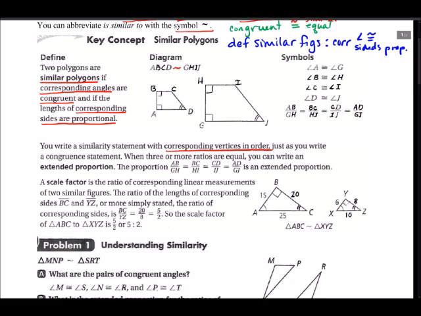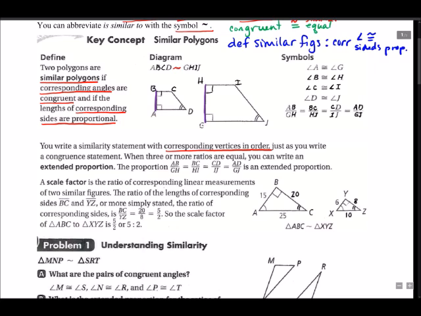Now we are told that our sides are proportional. Just like we had congruent sides in congruent figures, we have proportional sides in similar figures. So who's our first side here? AB. And who's our next side? GH. Those sides are proportional.